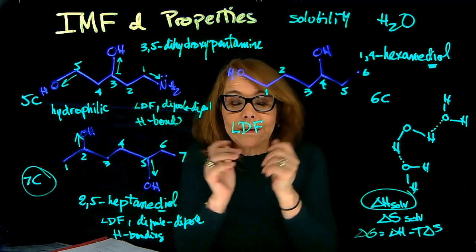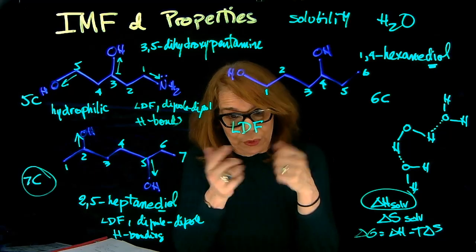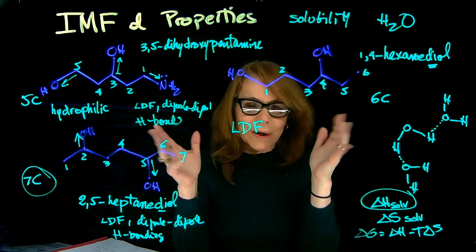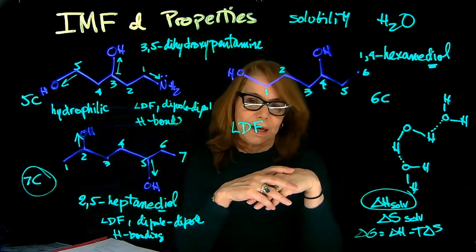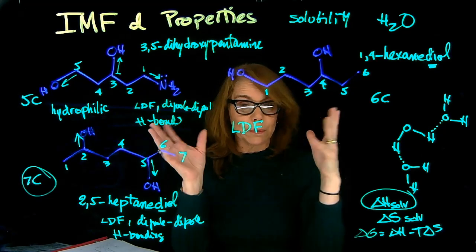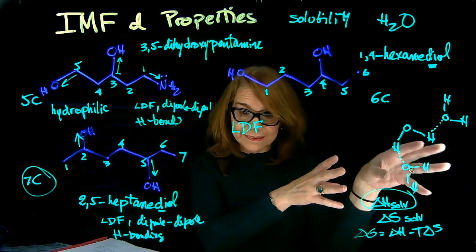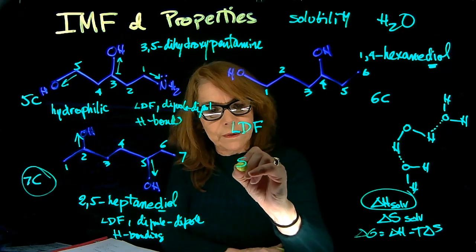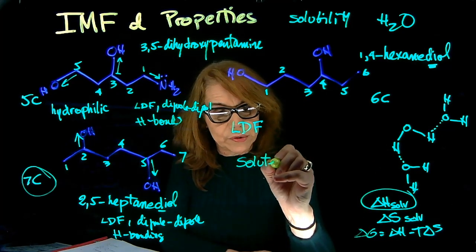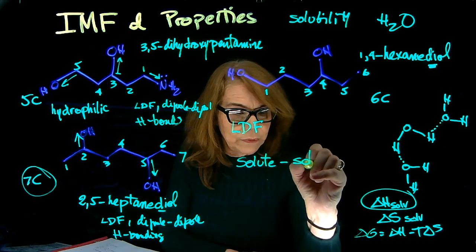And this is when the molecule is going to be most soluble. This is somewhat the principle of what you have probably heard, like dissolves like. We're simply saying that we're replacing this type of interaction with something similar between the solute that I'm trying to dissolve and the solvent.